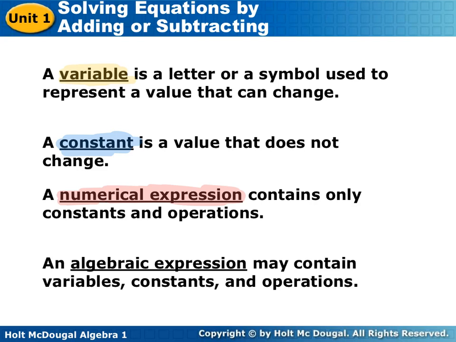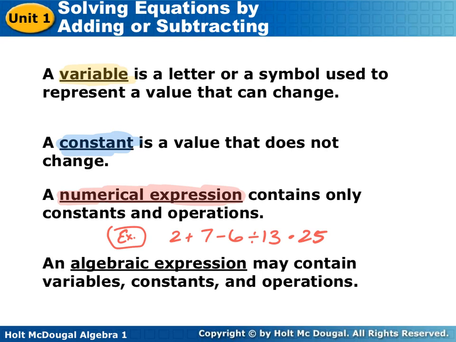For instance, an example of this: you could have 2 plus 7 minus 6 divided by 13 times 25. That is an example of a numerical expression. They are all numbers, and then it is just mathematical operations in there.